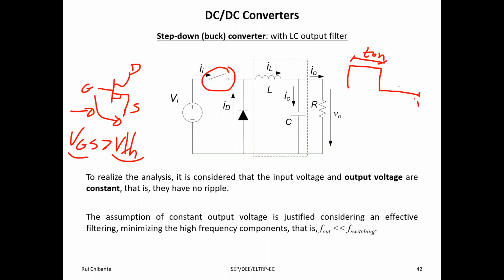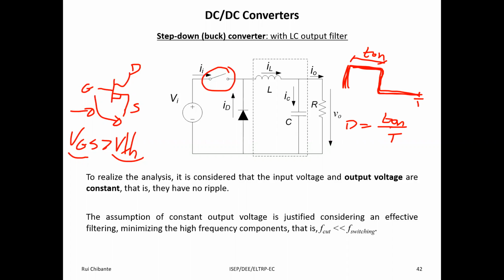According to the period, we are defining the duty cycle. It is this kind of signal that we apply to MOSFETs and other transistors that we are going to see. So the control is this one.